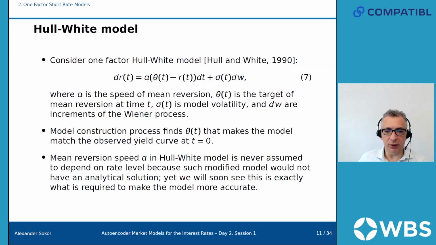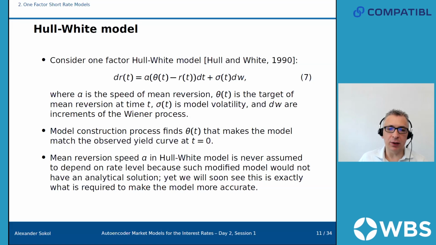The mean reversion speed in the Hull-White model is never assumed to depend on rate level, because such a modified model would not have an analytical solution. Sometimes, very rarely, you see the rate of mean reversion depend on time. That's far from being the standard way to calibrate it. In fact, I haven't seen it among practitioners, but sometimes you see papers that propose that.